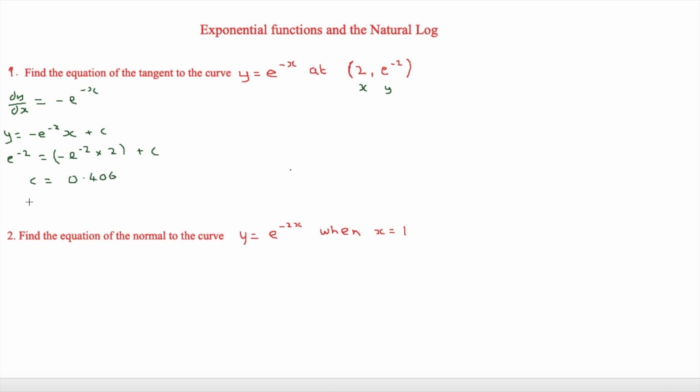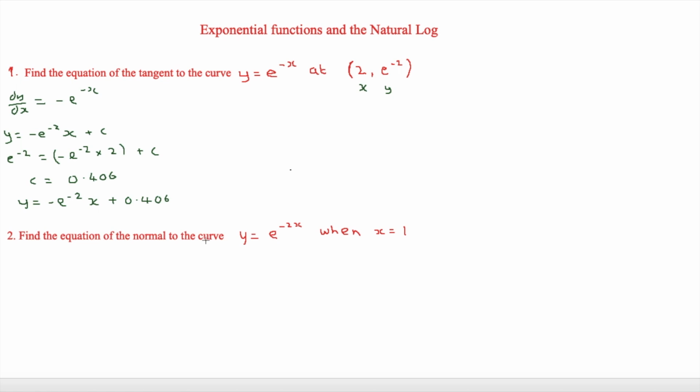So therefore, y is equal to minus e to the minus 2x plus 0.406. And it's also worth mentioning that this 0.406 could also be written as 3e to the minus 2, as you're basically moving that over. So that is where we've got this 0.406 from.